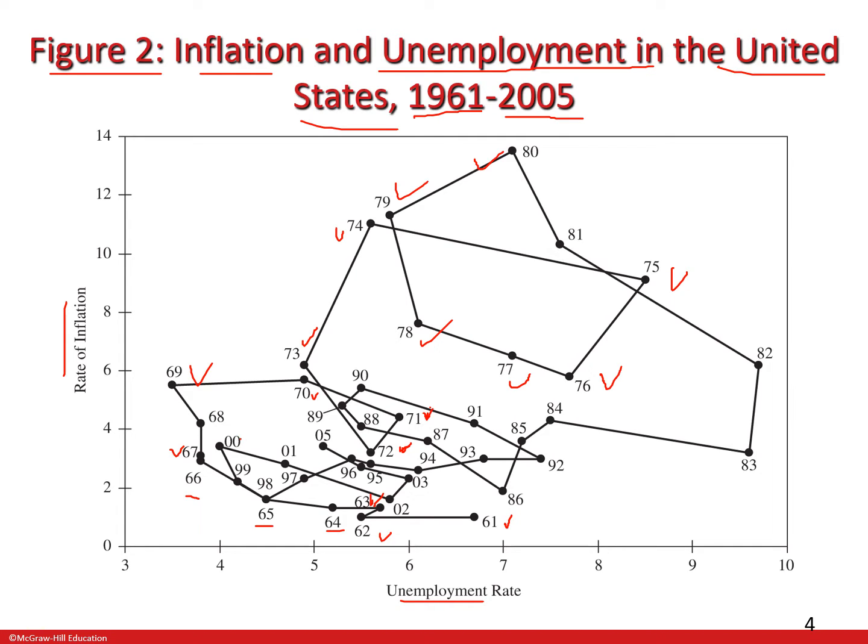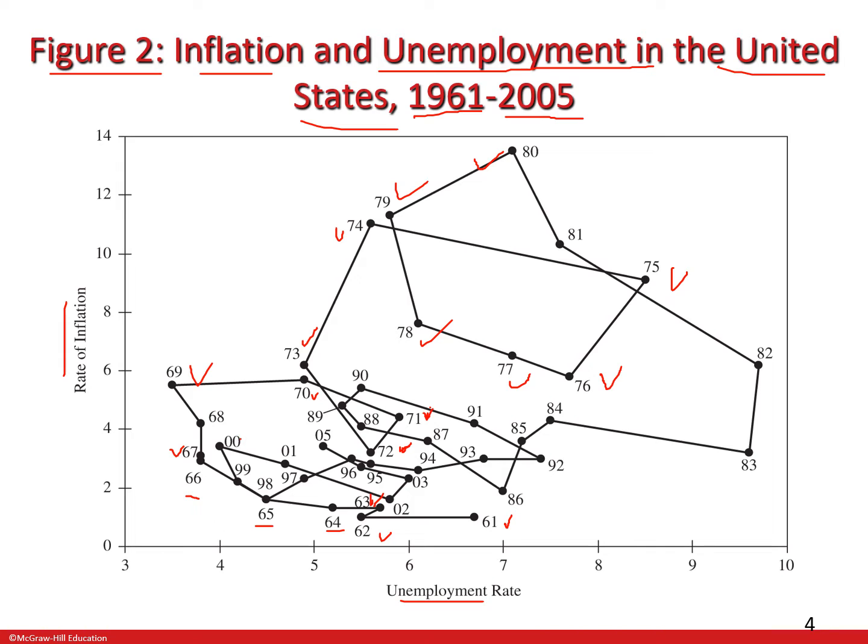So the data does not justify a stable Phillips curve in the 70s. Instead, the relationship between inflation and unemployment in the 70s went out of whack.